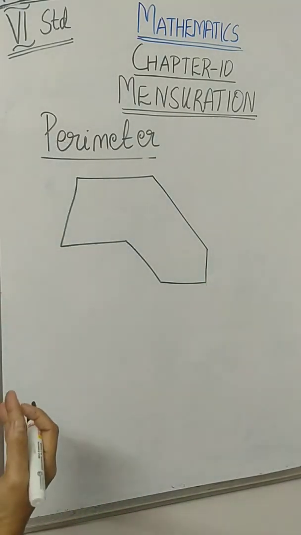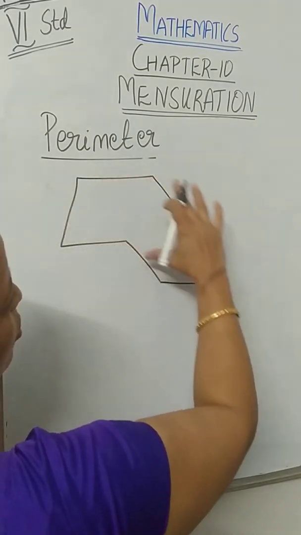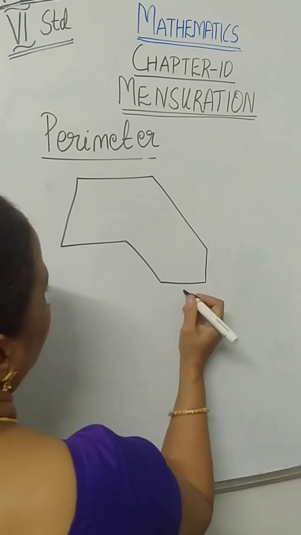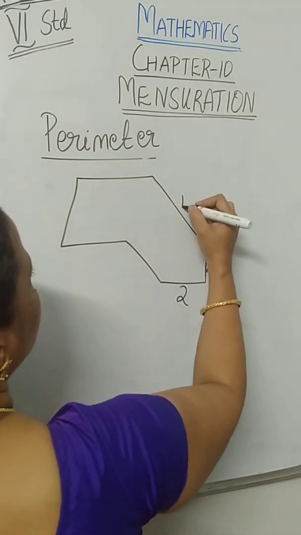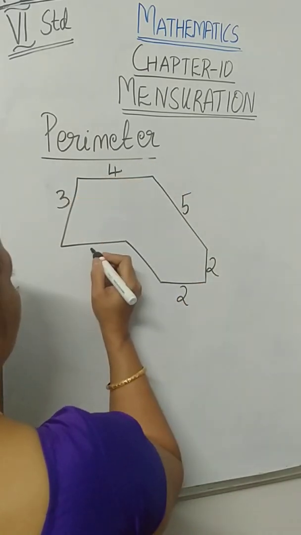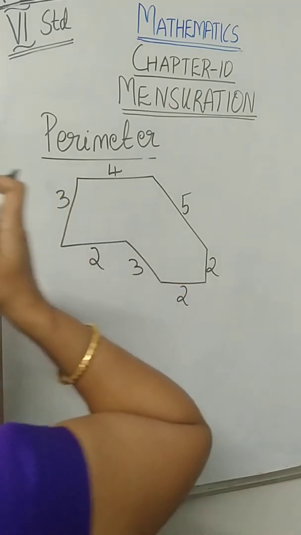Yes, is this a polygon? Yes, it's a polygon because it's made up of line segments and it is also a closed figure. I'll give you the measurement of it. Let it be 2, it is 5 here, 4, 3 and it is 2, here it is 3.